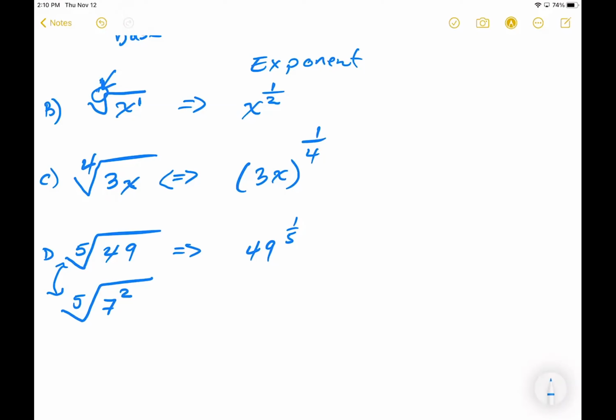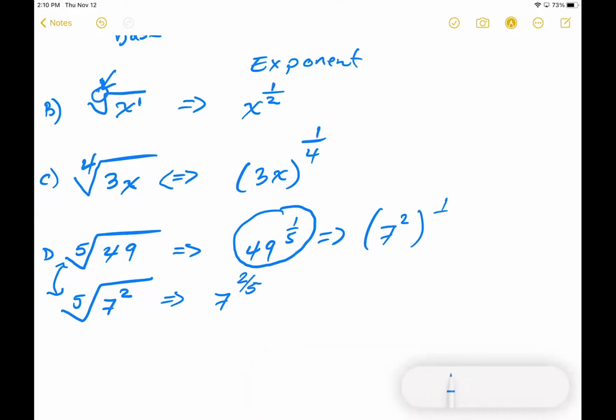And 7 raised to the second power gives us 7 to the 2/5. Or, if we remind ourselves of chapter 5, do you agree that 49 is the same as 7 squared?